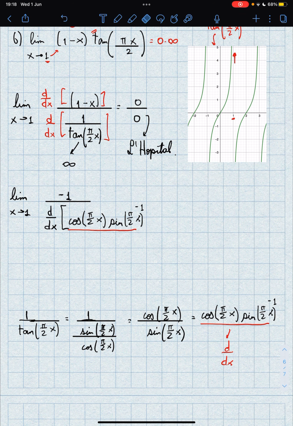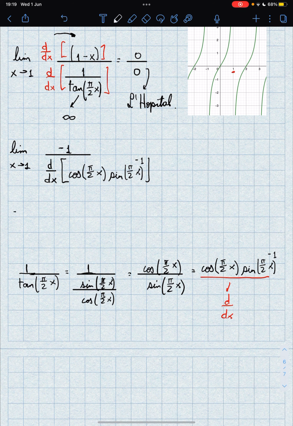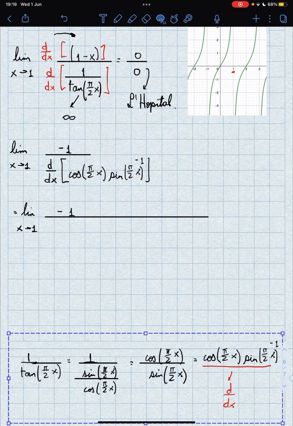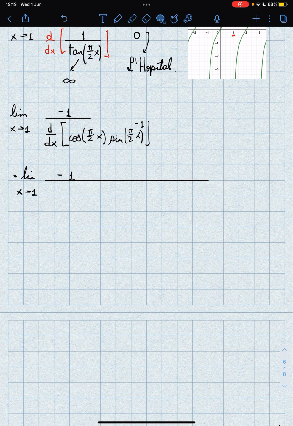Remember, this minus 1 is because of the derivative of 1 minus x, so I just wrote it here. Fine. So this is going to be a really big expression. Let me take this one over here. So let's do it, multiplication.